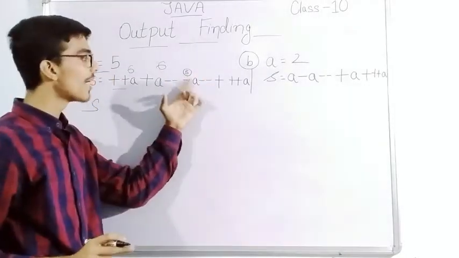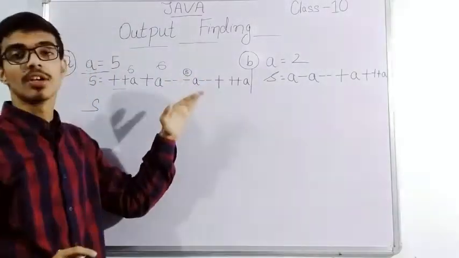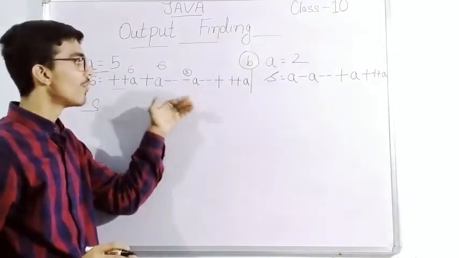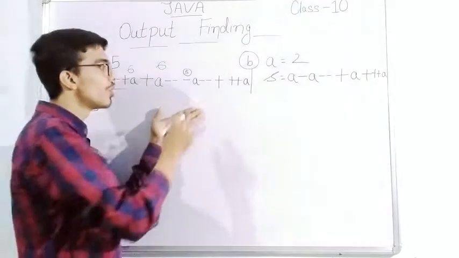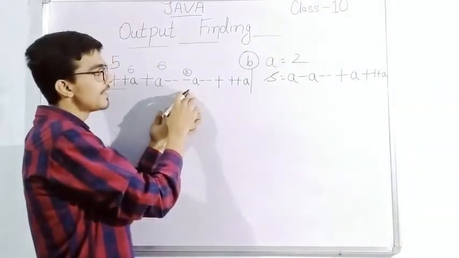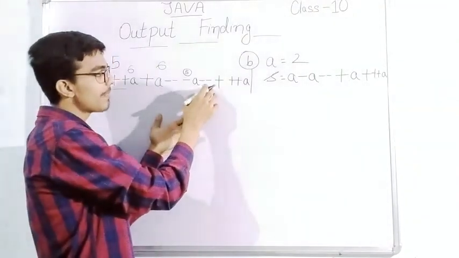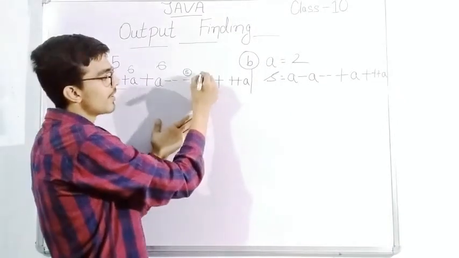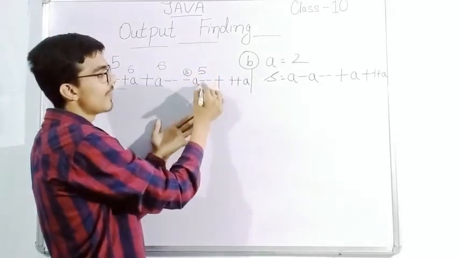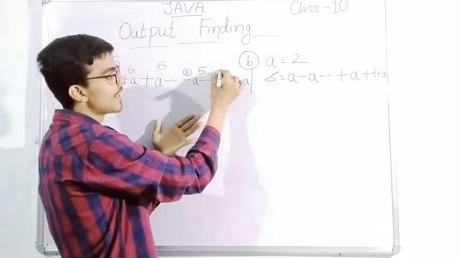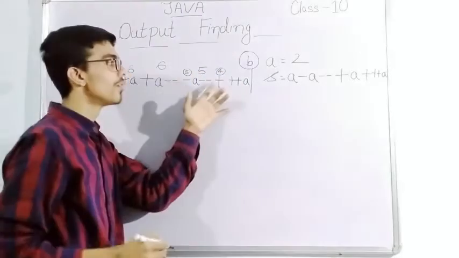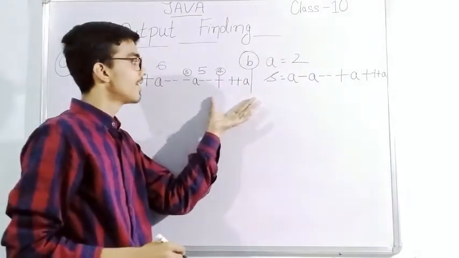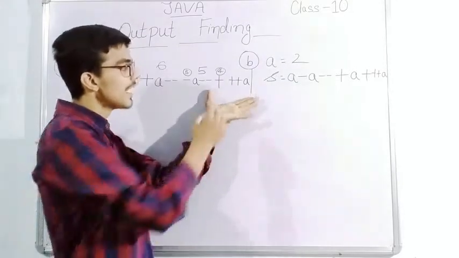We have written 5 smaller here because we are not using that value, we are just storing it for our next use. So here it is a minus minus. A minus minus is 5 minus minus, it will print 5 and the value of 5 will decrease and become 4.